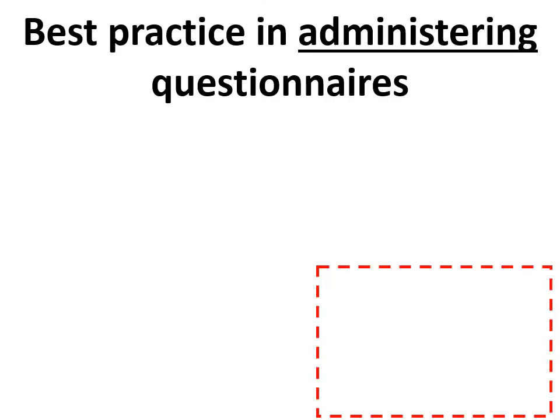Let's talk a little bit about the best practice in administering questionnaires. So these are the things that you want to keep in mind before you even write your questionnaire. You want to think about these sorts of things.